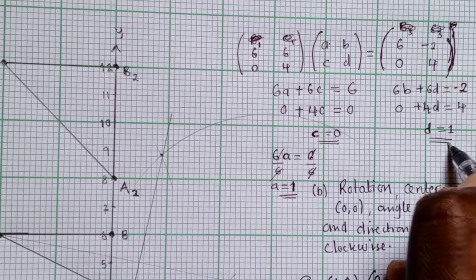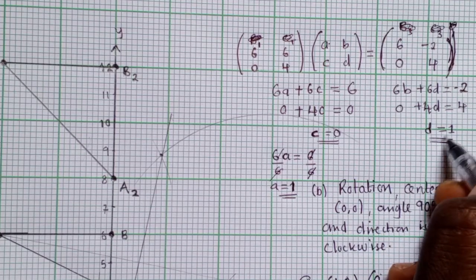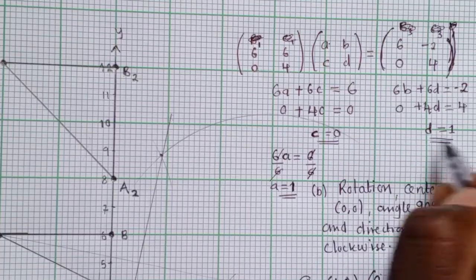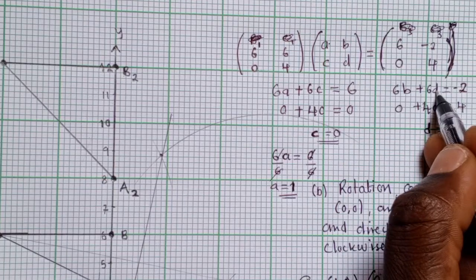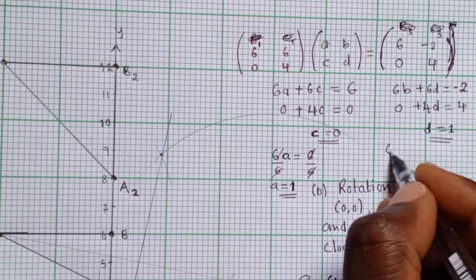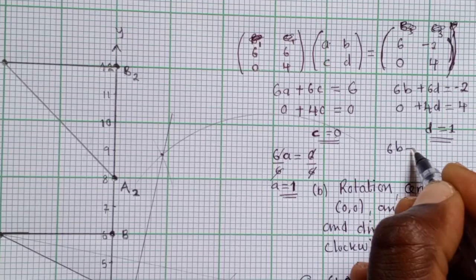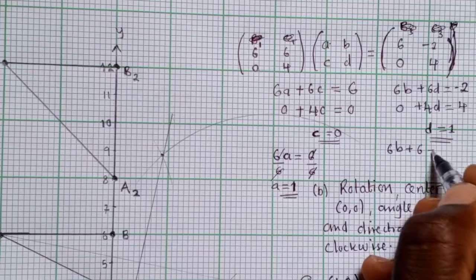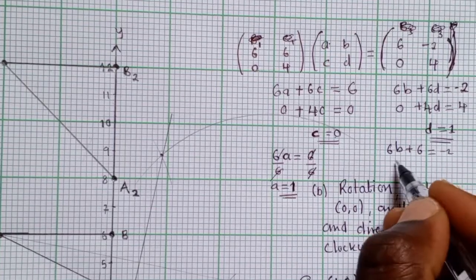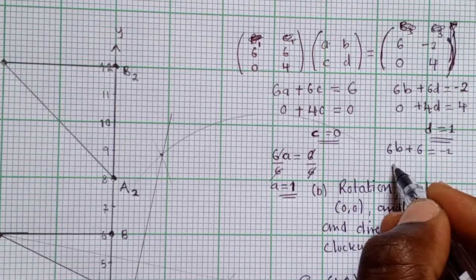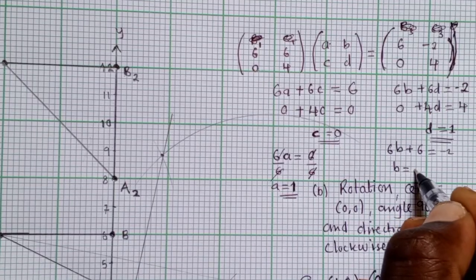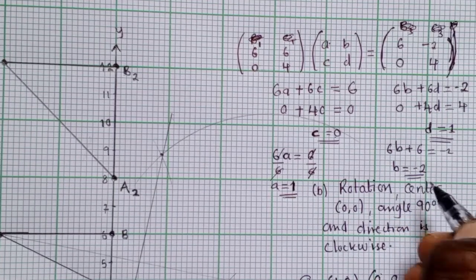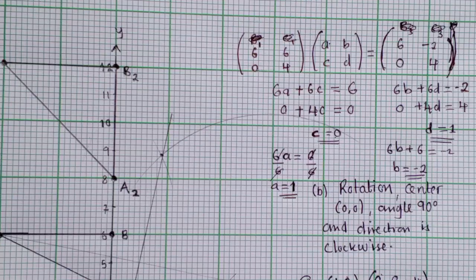So the value of D will just be equal to 1. The same here, we get this D, substitute here, you shall have 6B plus 6, it's equal to negative 2. When you solve this equation, you find that the value of B will be equal to negative 2. Okay? Value of B will be equal to negative 2.